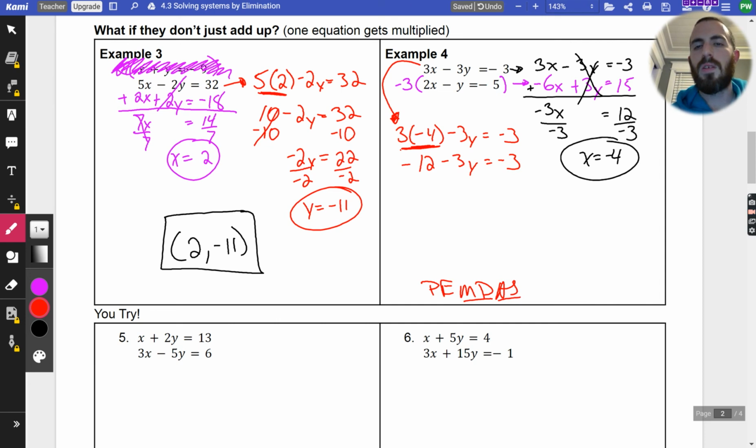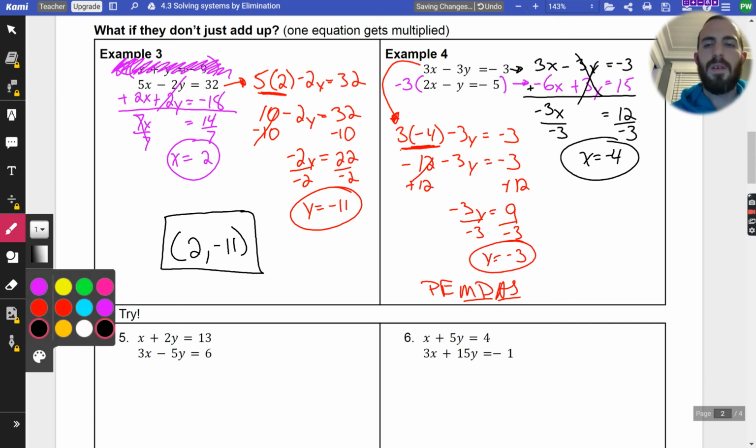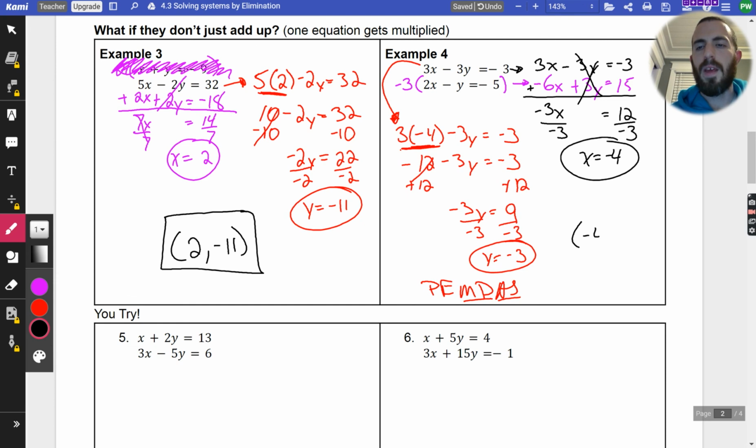We can now move this to the right-hand side, move the constant. Divide by that negative 3. So our final answer is going to be negative 4, negative 3.